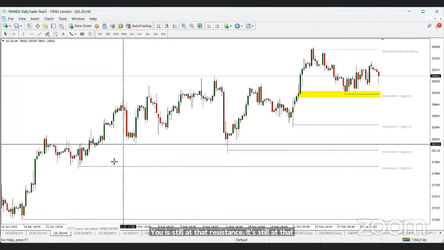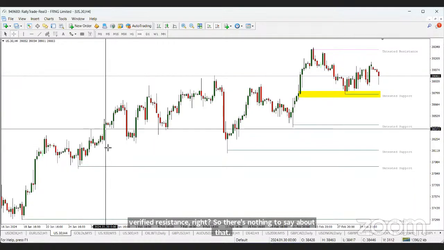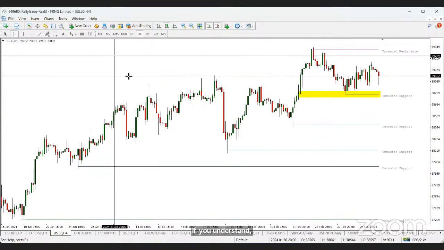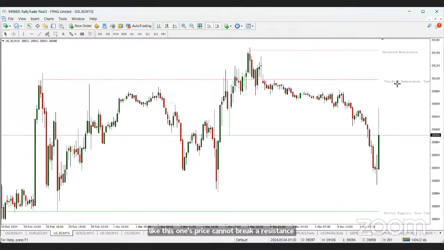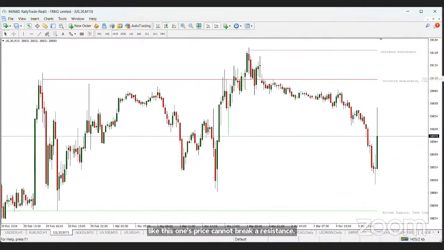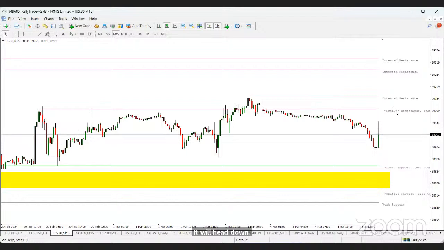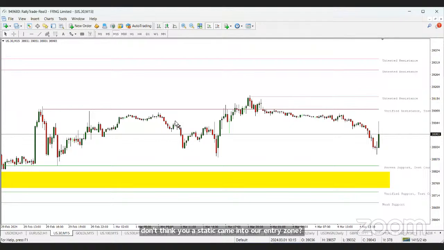If you understand basic support and resistance, once price cannot break a resistance, it will head down. So as long as price is at that zone there... US 30 actually pushed up, although I don't think US 30 came into our entry zone.